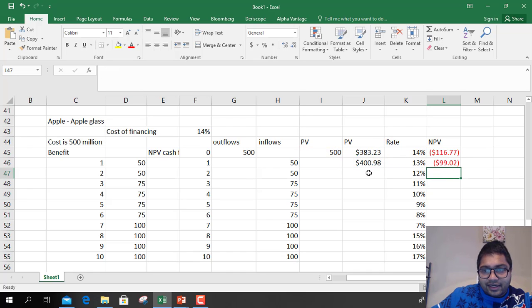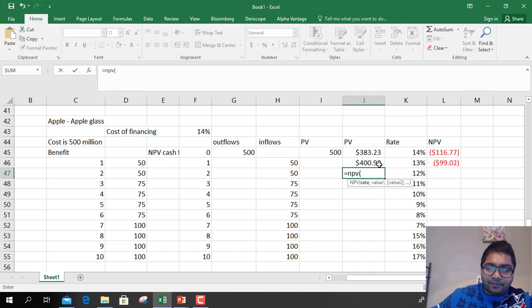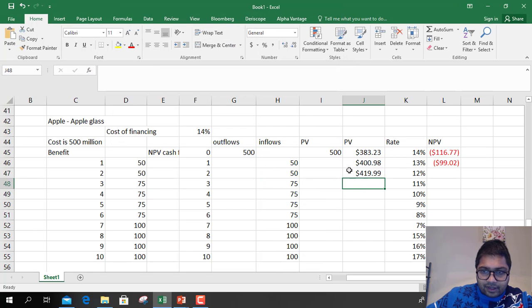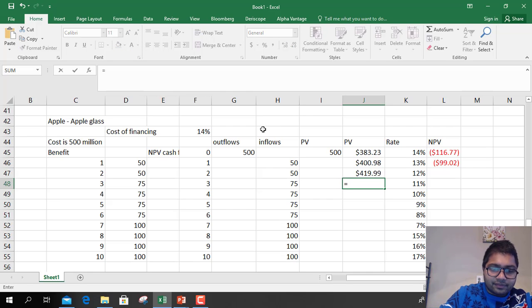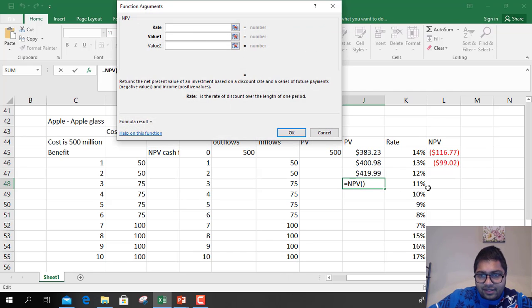So NPV is still negative. Same way, let's calculate NPV, net present value of these inflows at 12%. Then 11%. We're calculating present value of cash inflows at different rates.